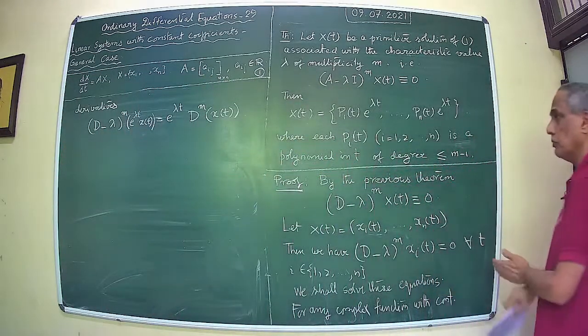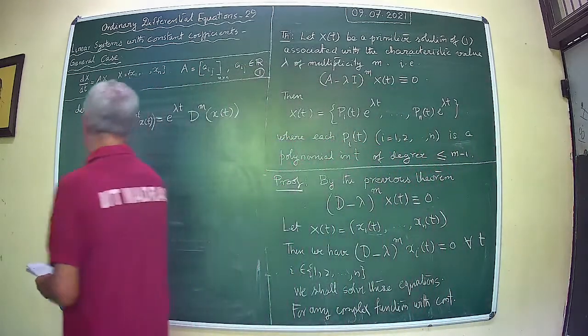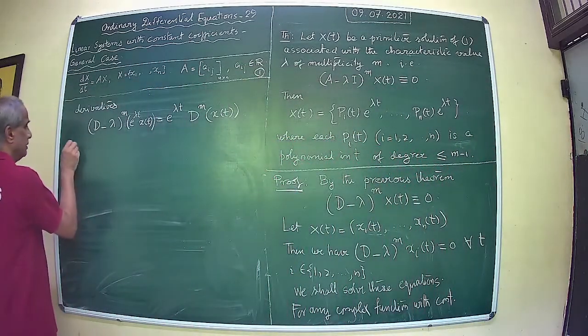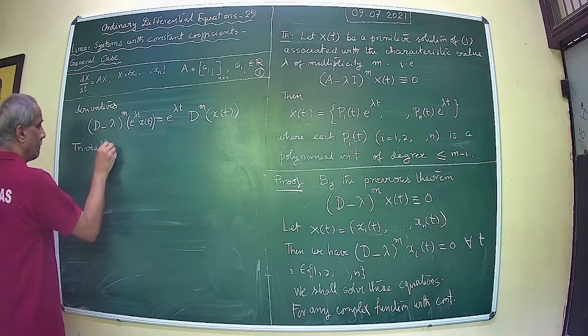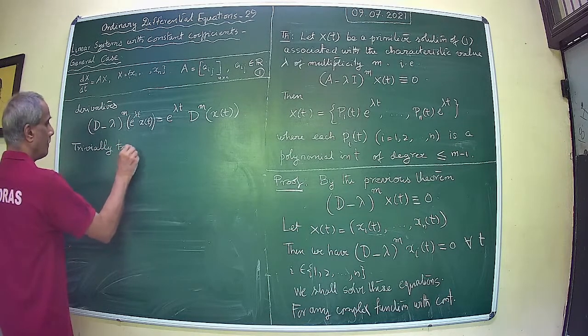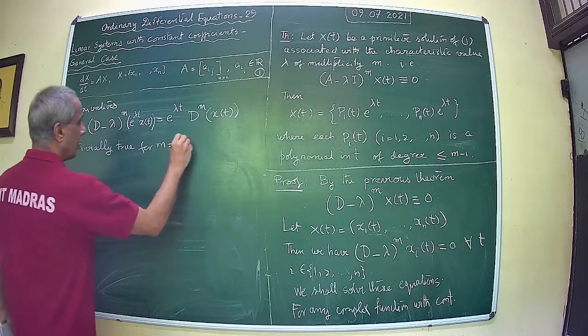Okay, so we prove this identity first. Let's first prove this identity. Now this is trivial. Equal to 0.